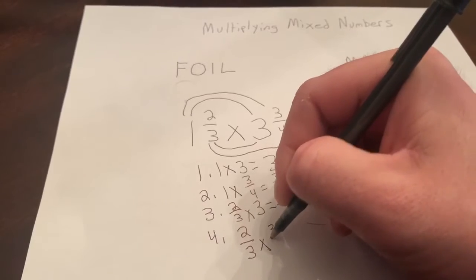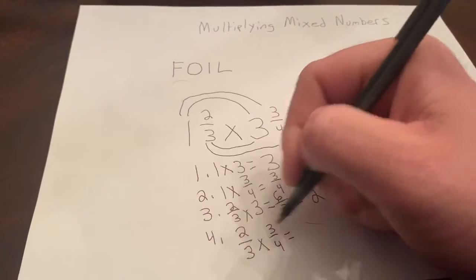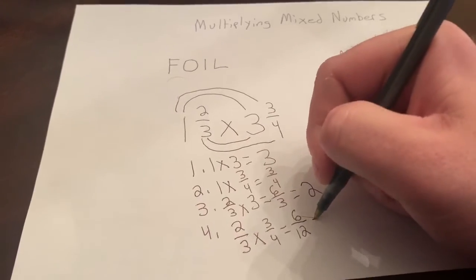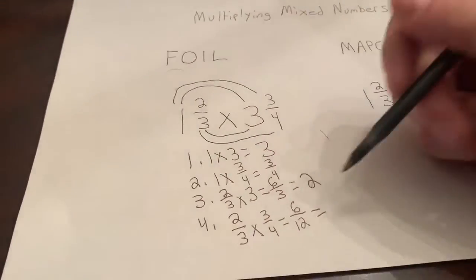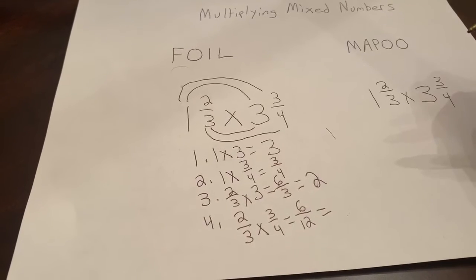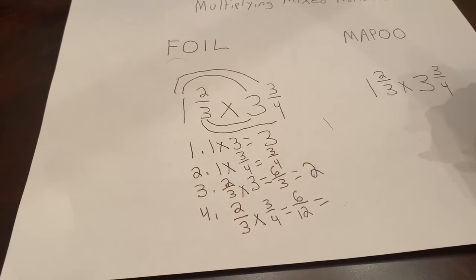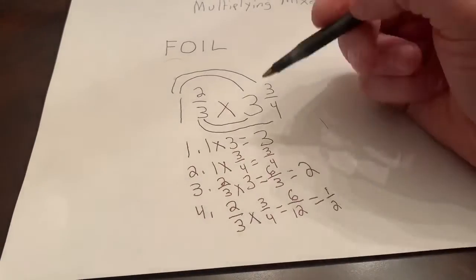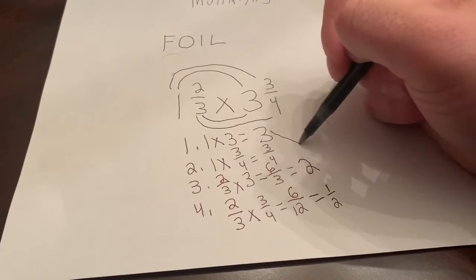Remember, this is the easiest thing you do in 5th grade. Multiply the numerators, multiply the denominators. Now, 6 out of 12, of course, simplifies to what? Exactly, 1/2.